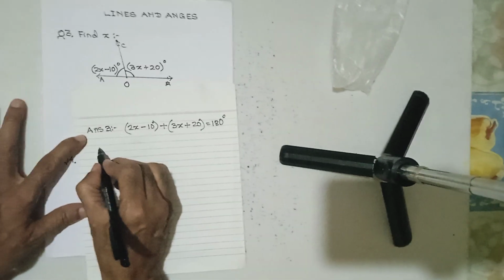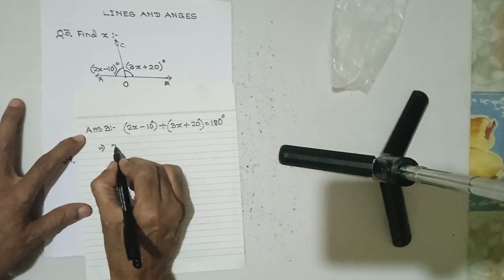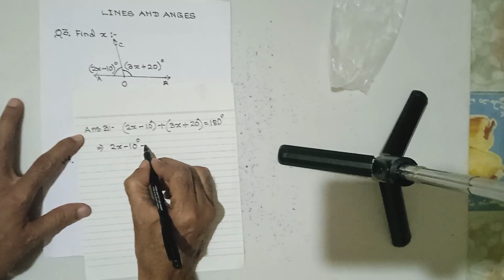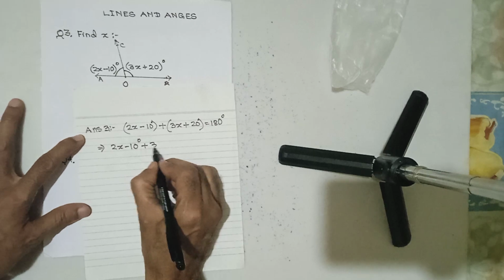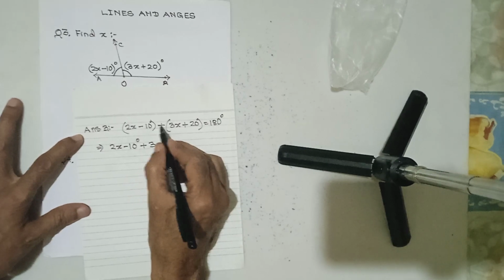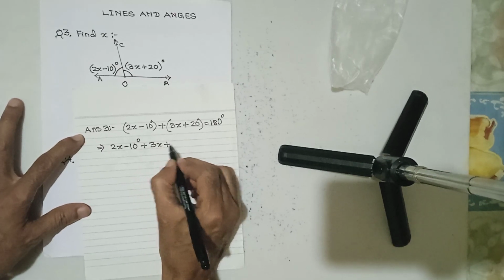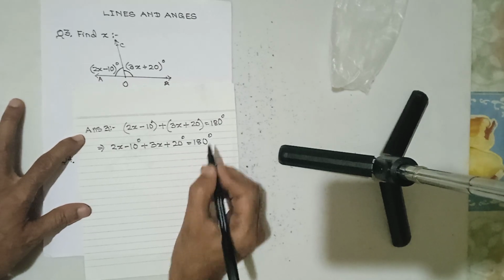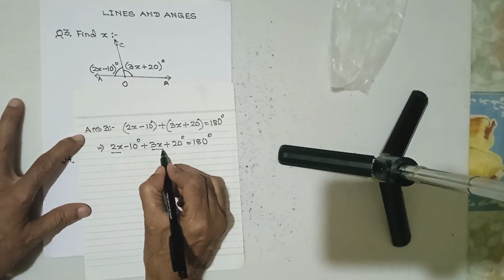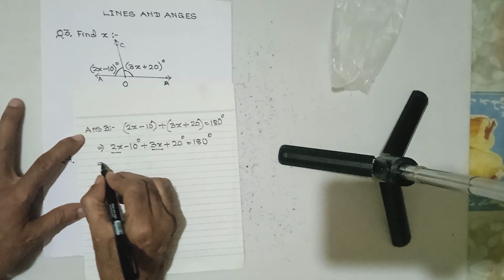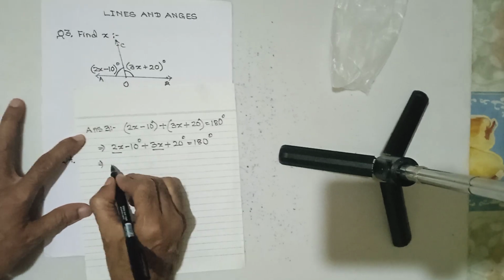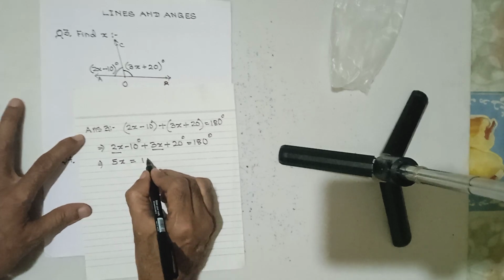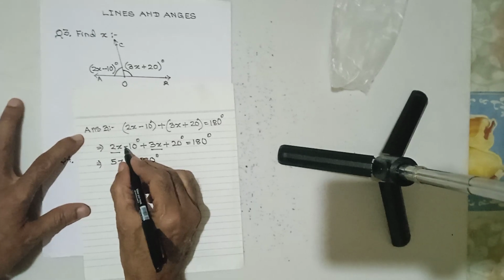Now we will open the bracket: 2x minus 10 degrees plus, so here the sign will be the same because outside the bracket it is plus 20 degrees, is equal to 180 degrees. Now these are two variables, so we will add them. 2x plus 3x will become 5x is equal to 180 degrees minus 10 degrees.